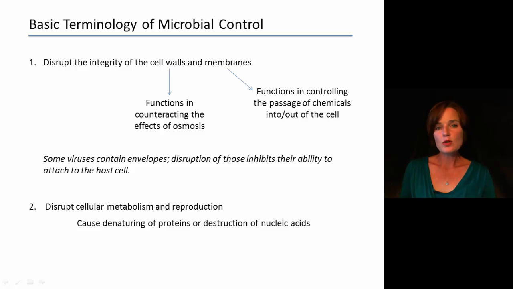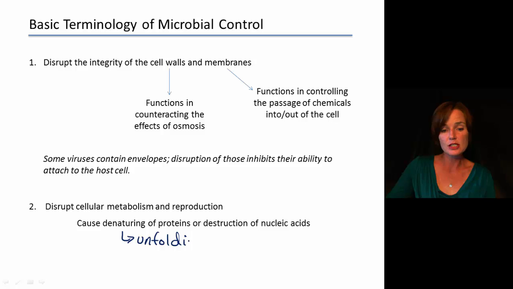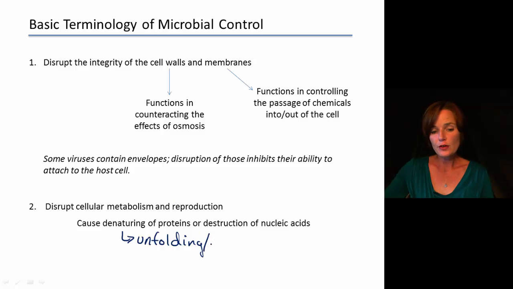The second one we said was disruption of cellular metabolism and reproduction. This is most often accomplished by denaturing of proteins and destruction of nucleic acids. When we talk about denaturing of proteins, just as a quick review, denaturing refers to the process of unfolding them, disrupting their overall three-dimensional shape. And when we do denature or unfold them, we are basically inactivating them.